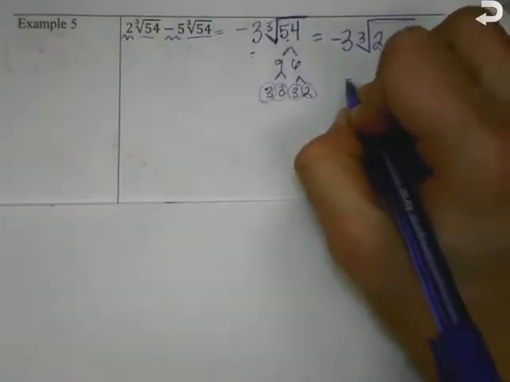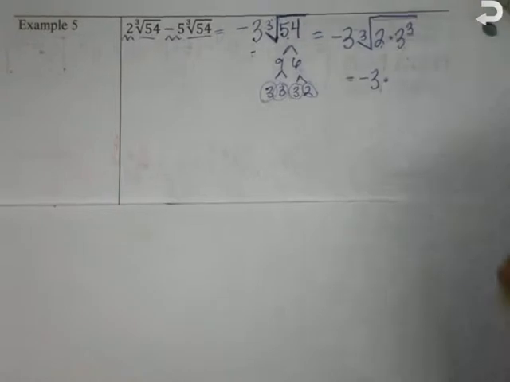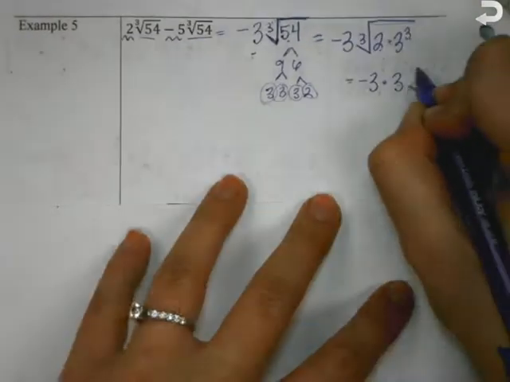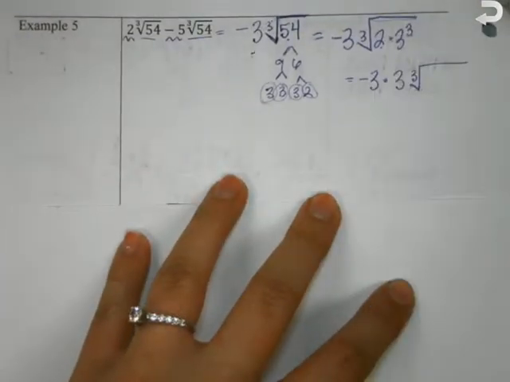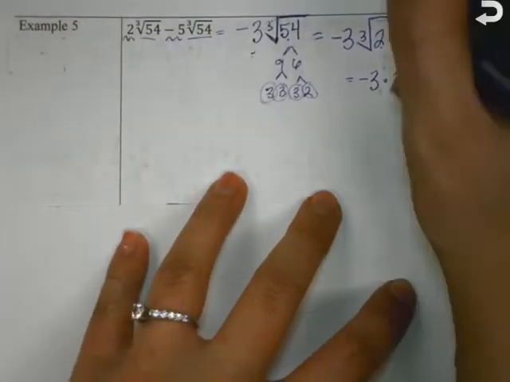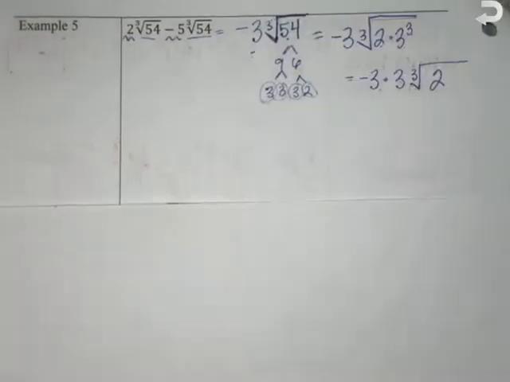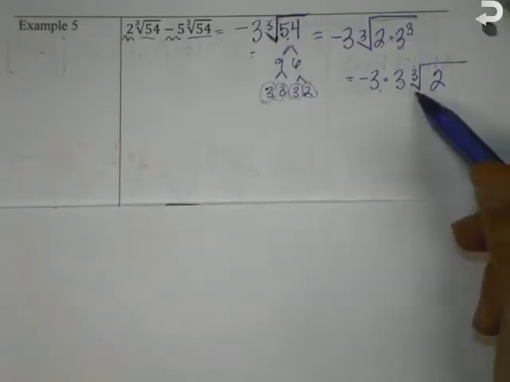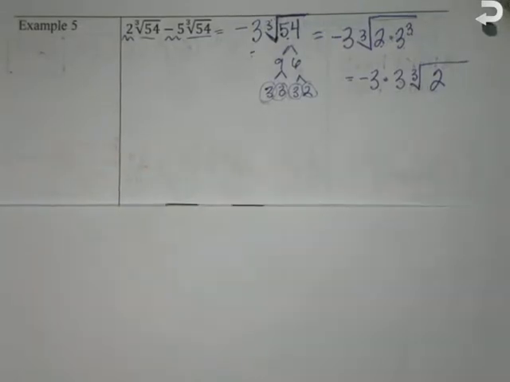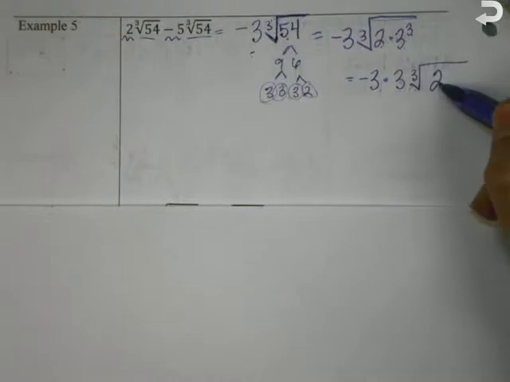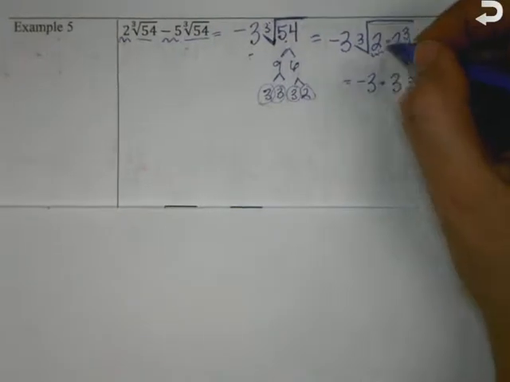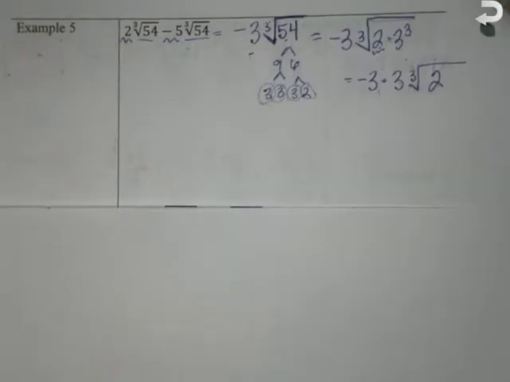Cube root stays because what's left inside? The 2. We couldn't pull it out. So it stays a cube root. That cube root never changes. But I have to leave the 2 inside because I can't take the cube root of 2. So this simplifies finally to negative 9 cube root 2.